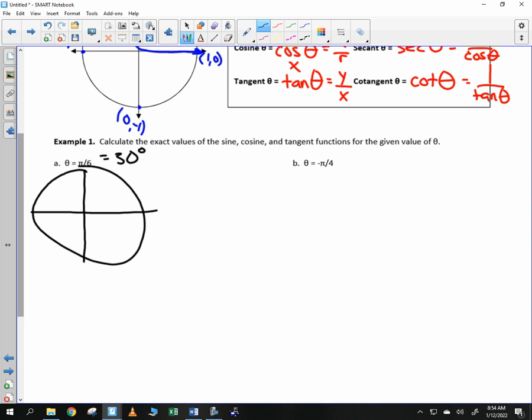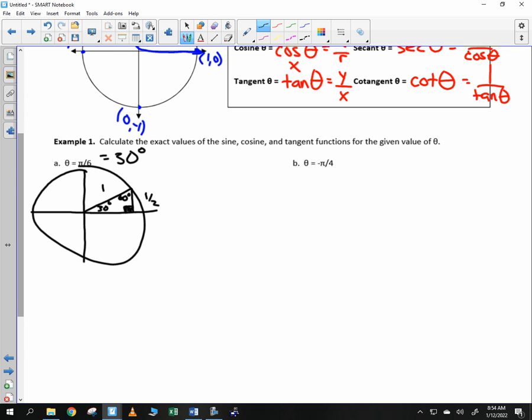So I sketched the triangle, just like so. I have a 30-degree angle, I have a 60-degree angle, I have a 90-degree angle. What's the length of the radius? 1. Now what do I do? If it's a 30, 60, 90, what's this side?